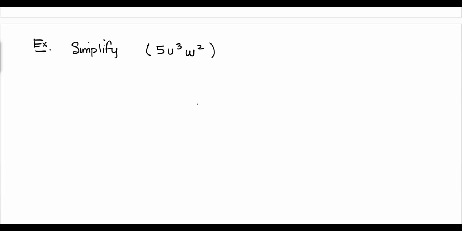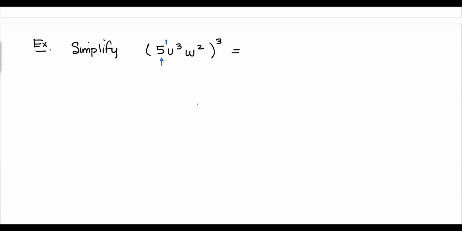Okay, so now notice again we have a bunch of multiplication inside here. But what I want you to notice is this 5 is also itself a base, and it has an exponent of 1. I'm sorry, this should have been raised to the third.